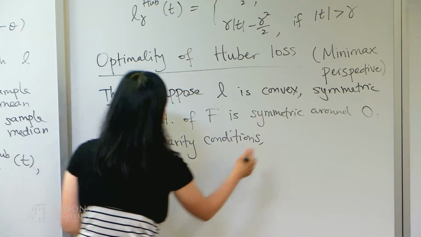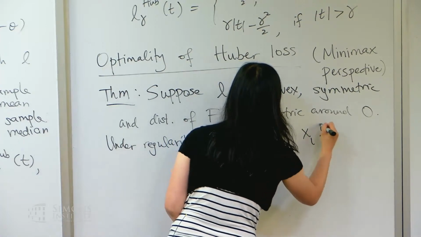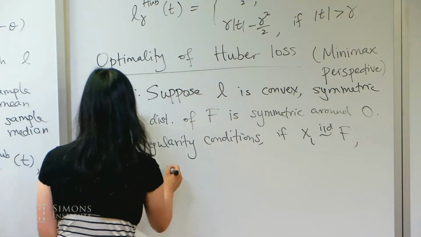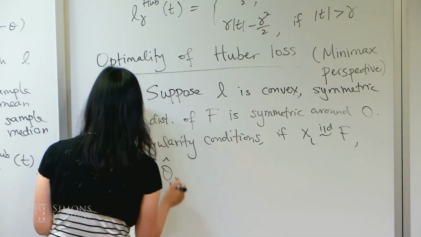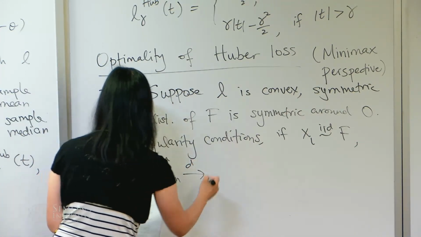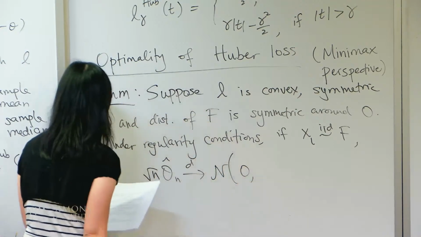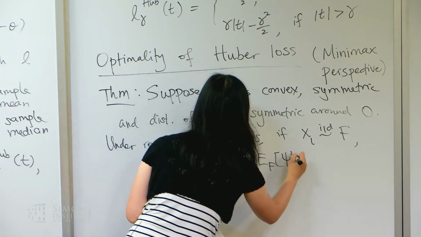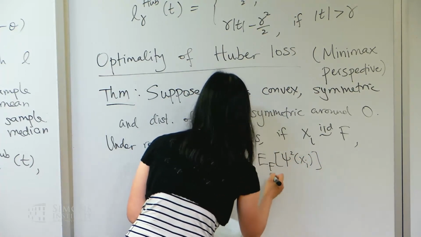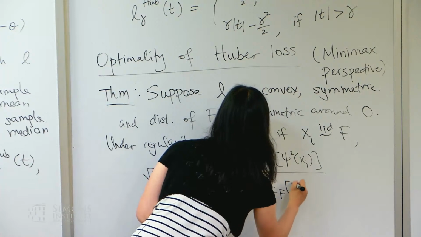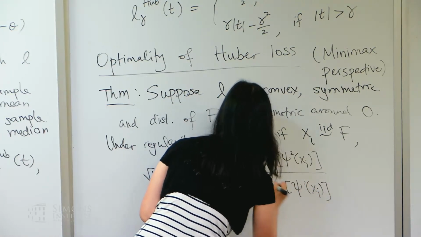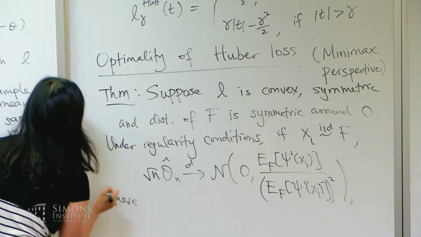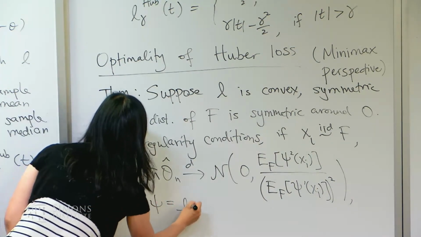If we have xi coming iid from F, then square root of n times theta n hat converges in distribution to a normal with mean 0, and I'm going to write the variance like this. In robust statistics we often care about the derivative of the loss function, where psi equals L prime.